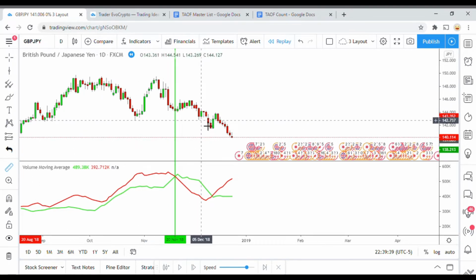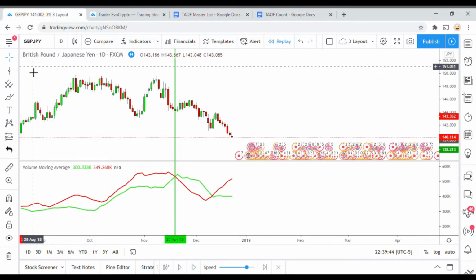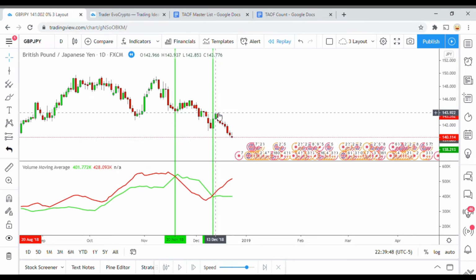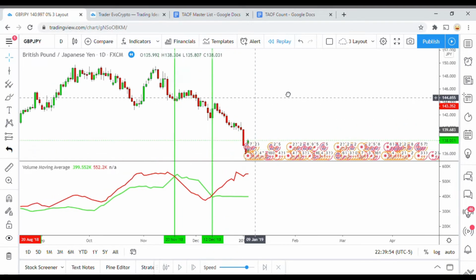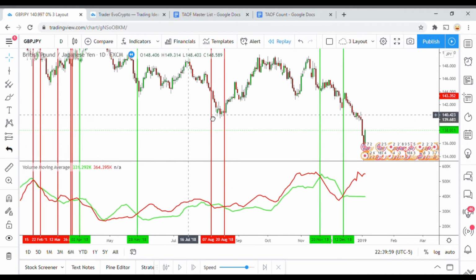Looks like that one might have worked out for us. Yes, it did. There, it went up a little bit, but then it was able to reclaim the downside there. And that puts us at the end of the year right there.